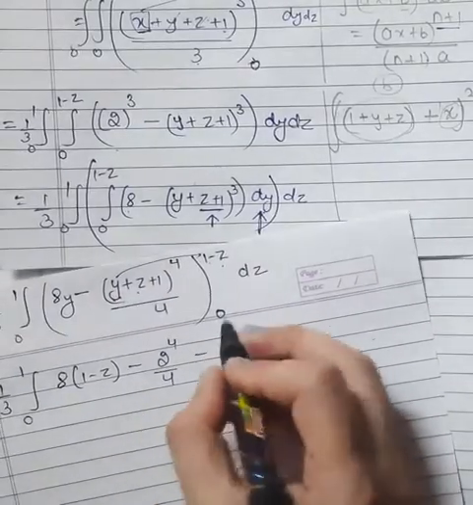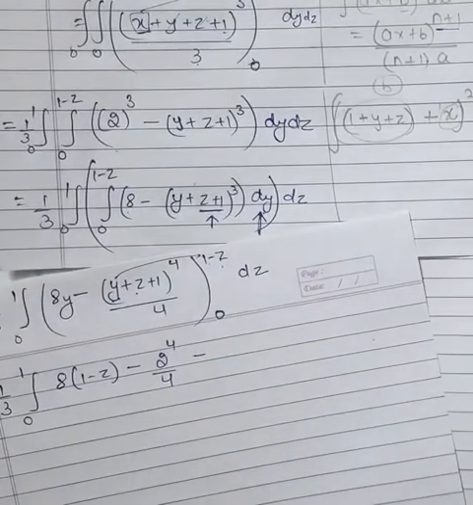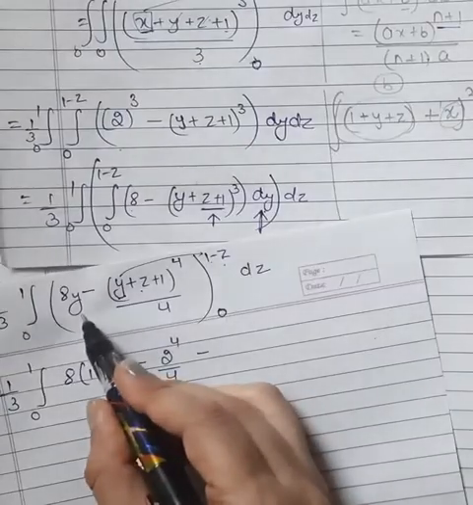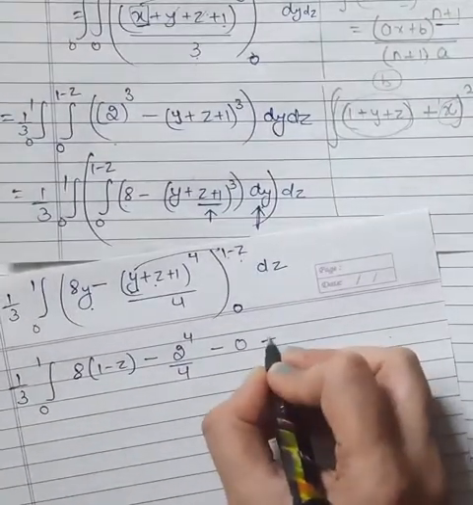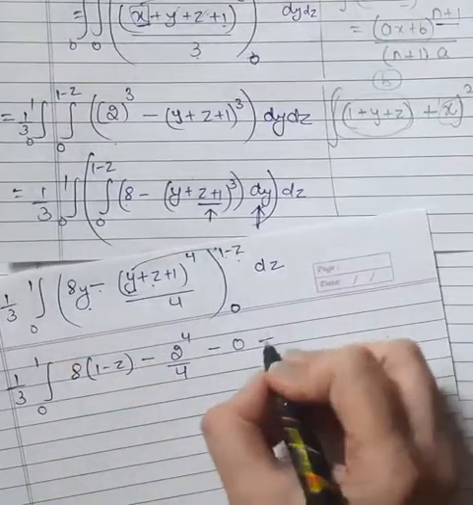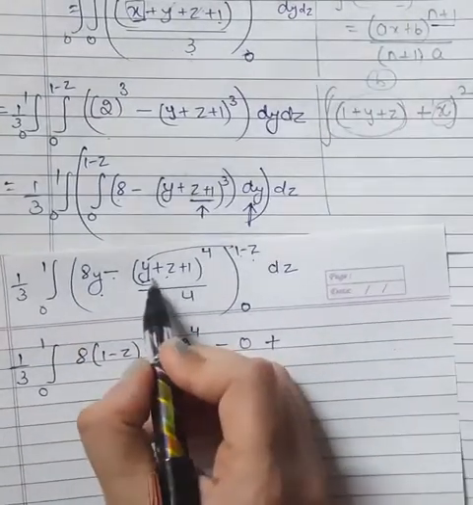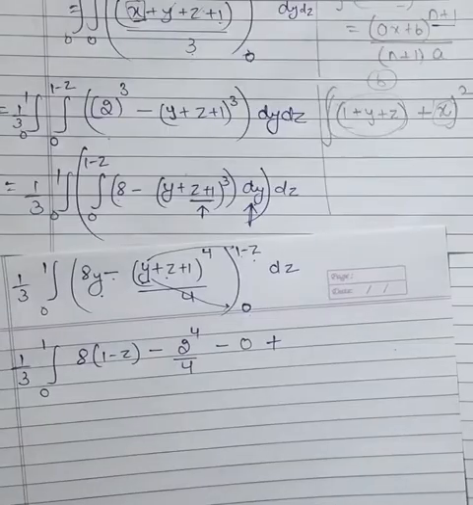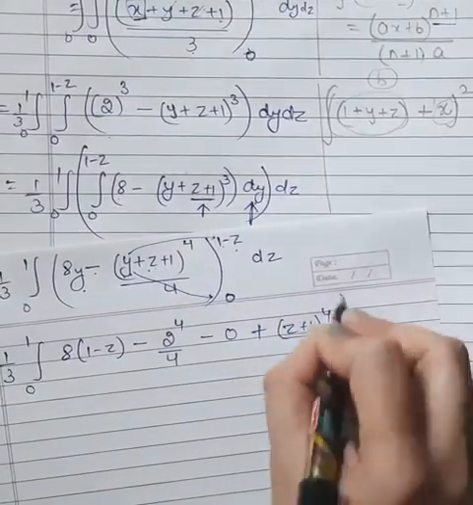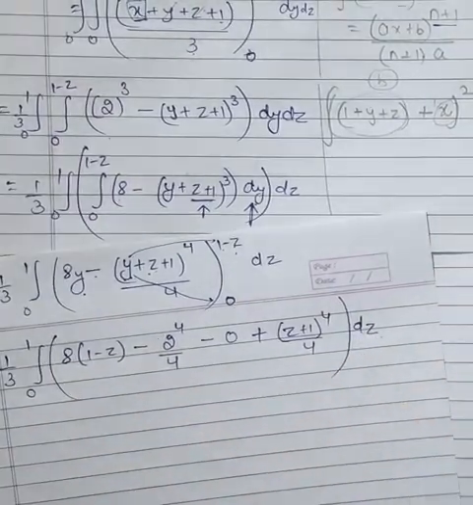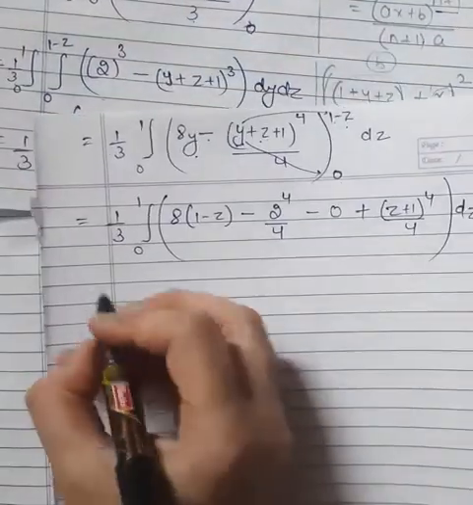Then put upper limit. For upper limit we are done. Put lower limit. In place of y put 0. You will get 0. Because of negative sign of lower limit and one negative which is already present there, it will become positive. In place of y you will put 0. So it's simply (z plus 1) raised to power 4 upon 4, and it is now dz here.